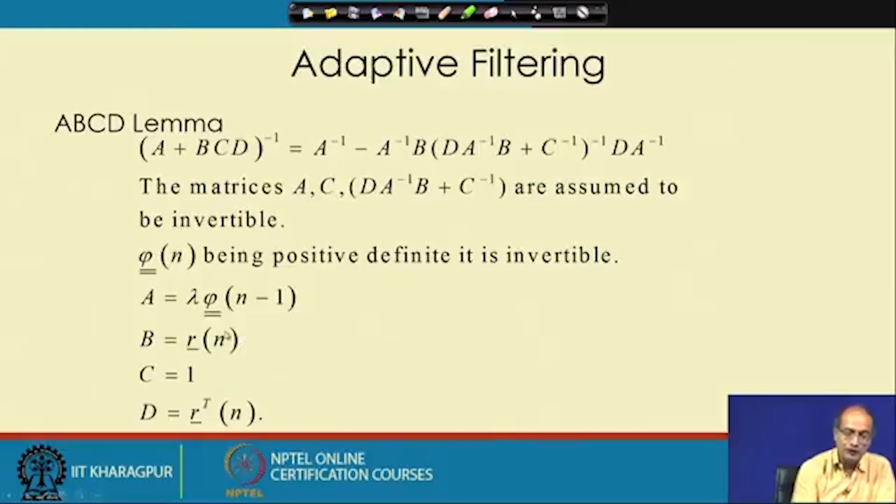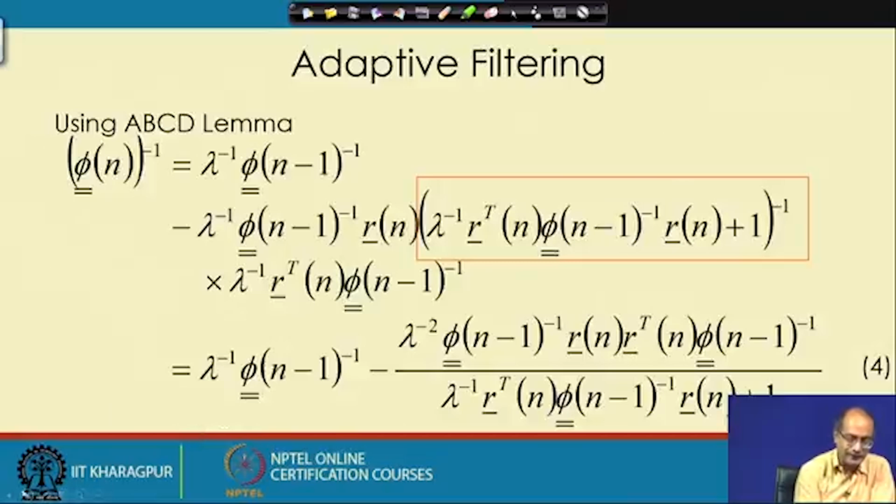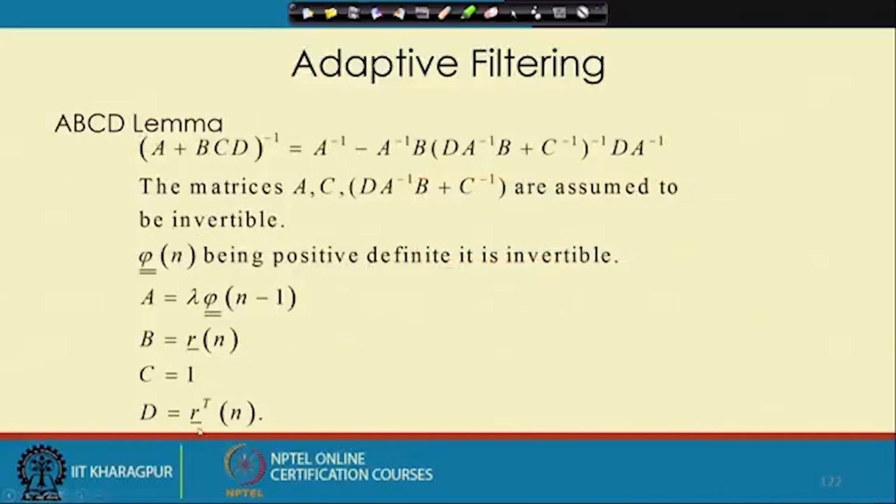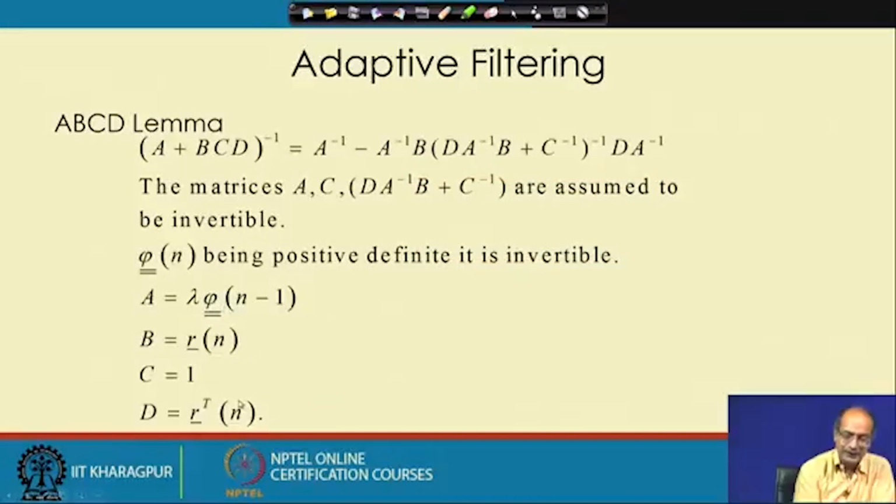Now, for B we take R n, C is taken as 1, so inversion gives the same value, and D is R T n. In that way, we are writing phi n in this form.